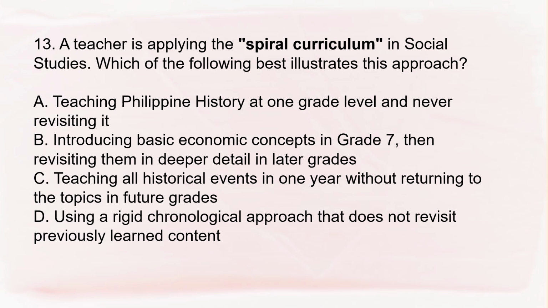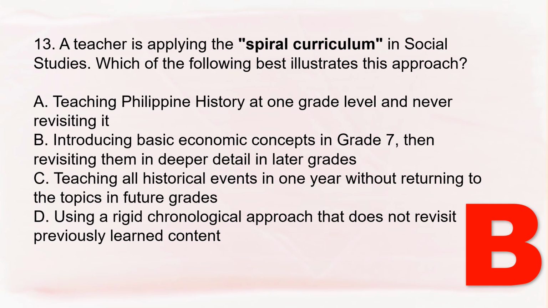Letter C, teaching all historical events in one year without returning to the topics in the future grades. Or letter D, using a rigid chronological approach that does not revisit previously learned content. The correct answer, obviously, is letter B.